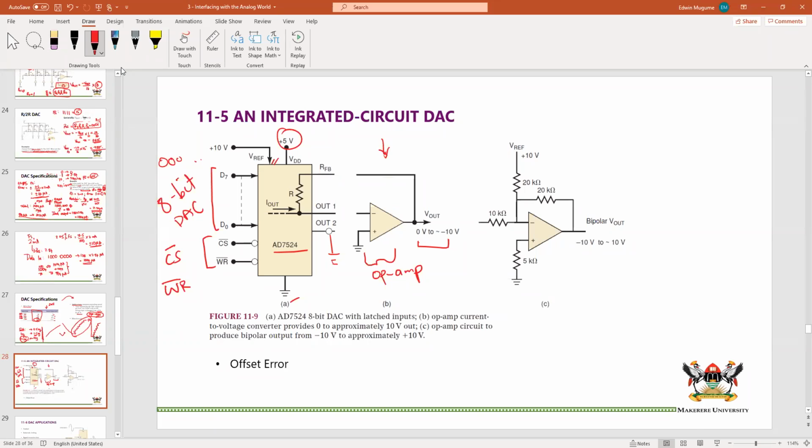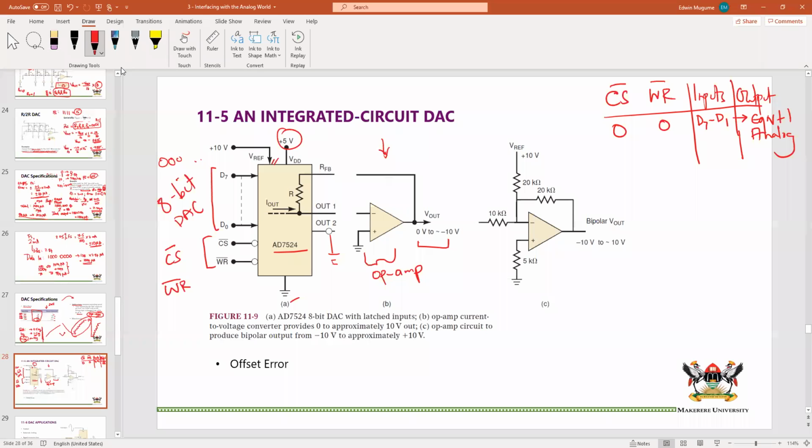Anyhow, we see that we need chip select, and we need read write, and we have inputs and outputs, right? Now, when this is 0 and 0, the inputs D7 to D0 will go to the equivalent analog signal.